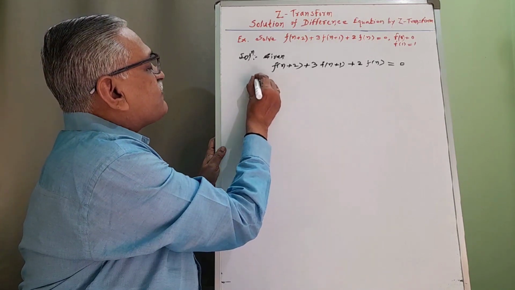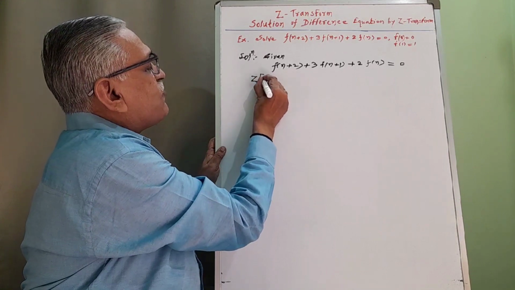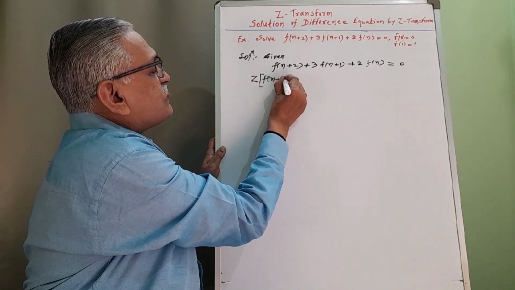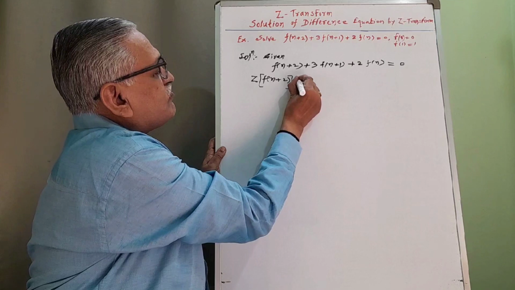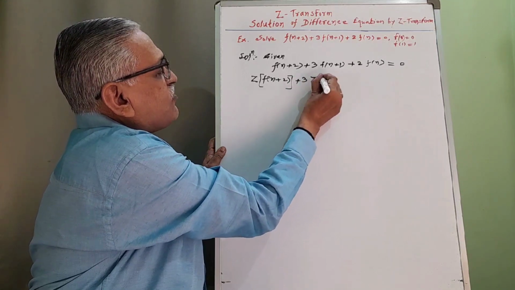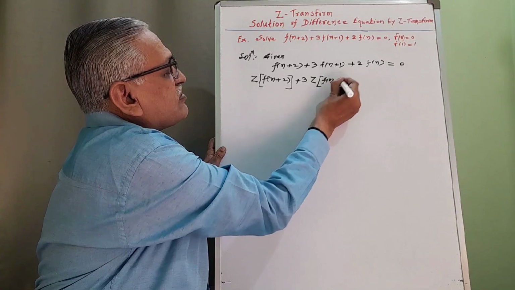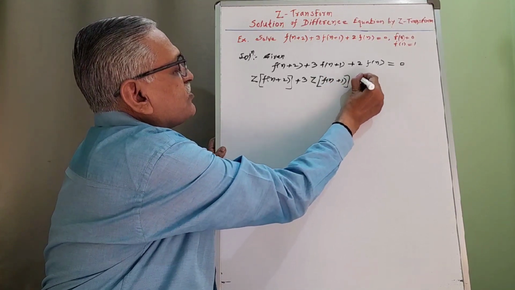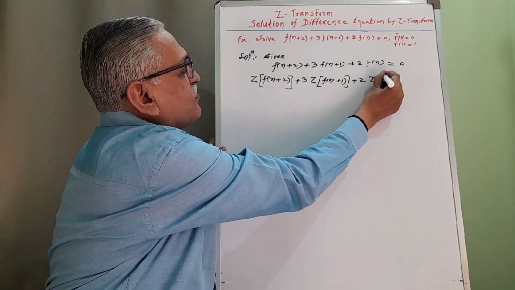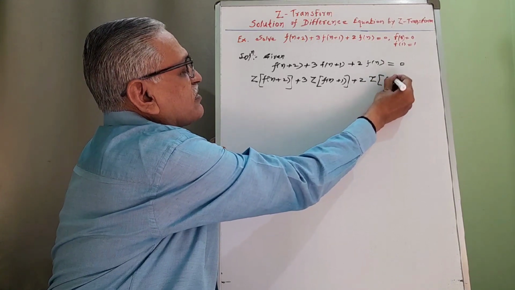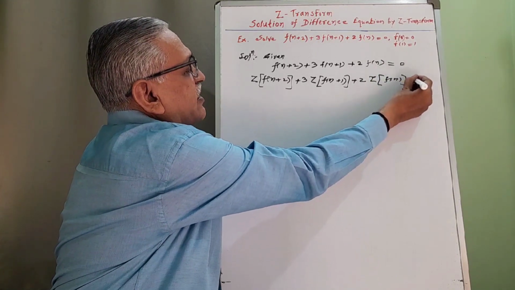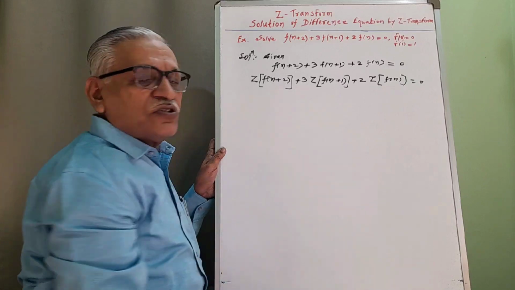Therefore, Z transform of f of n plus 2 plus 3 times Z transform of f of n plus 1 plus 2 times Z transform of f of n, and that is equals to 0.